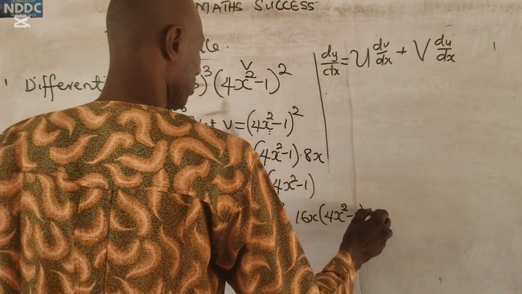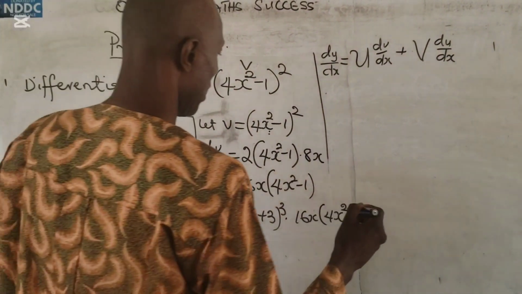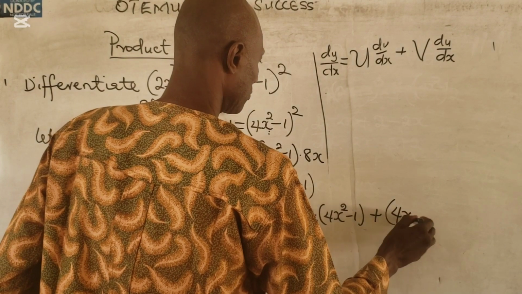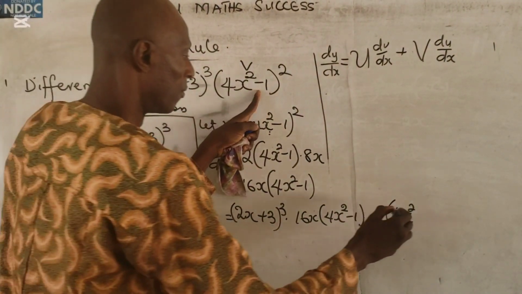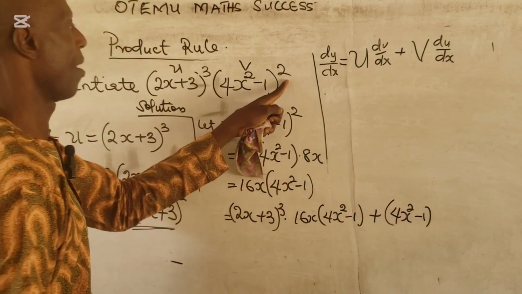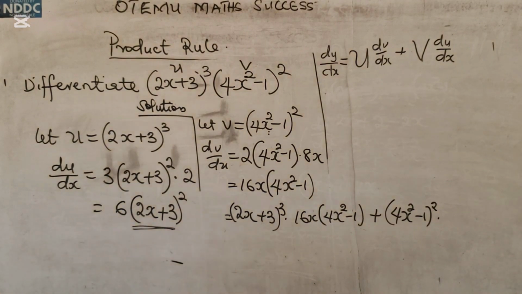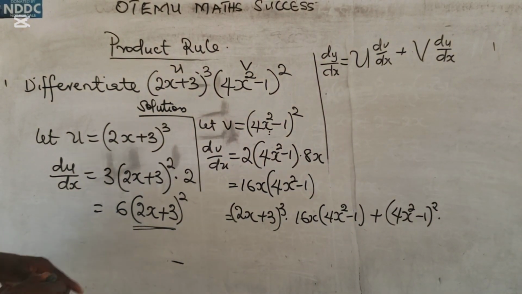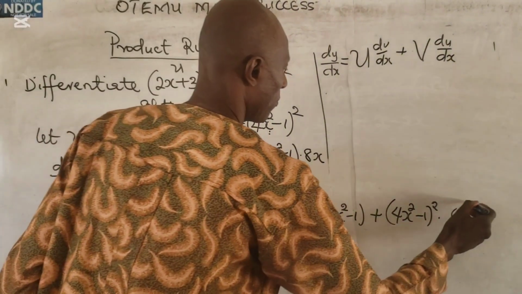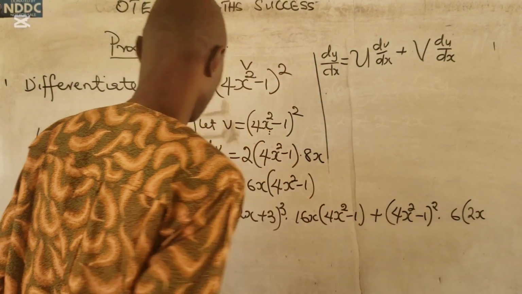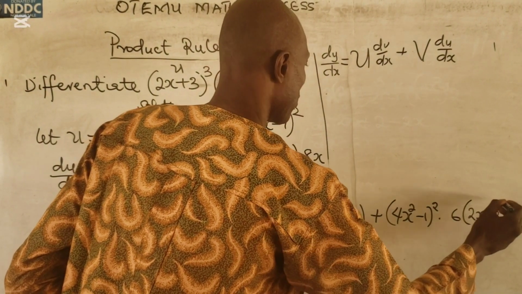Then plus, what is v? V is (4x^2 - 1)^2 times, what is now du/dx is 6 into (2x + 3)^2.